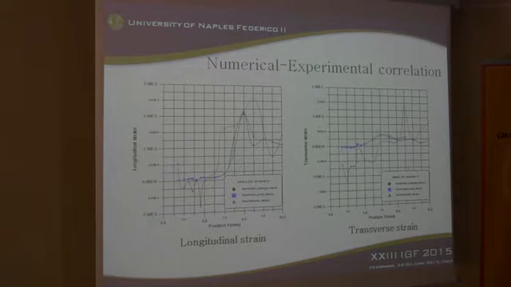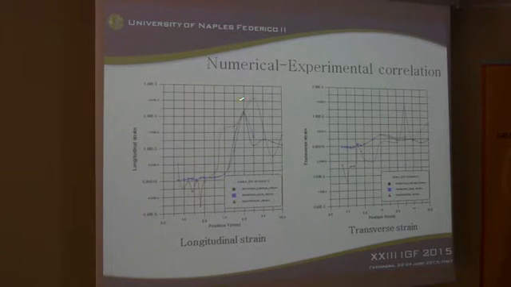This is the result. We have some difference between local and average values close to the crack tip. This is because close to the crack tip we have a high gradient of strain, so the distribution in the gauge volume is not uniform.